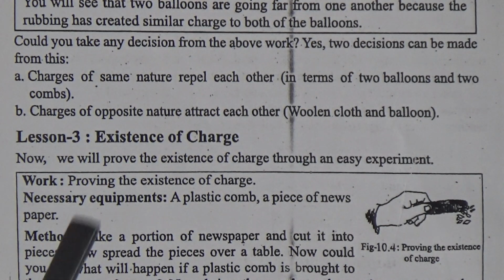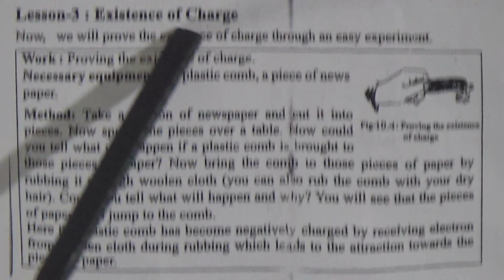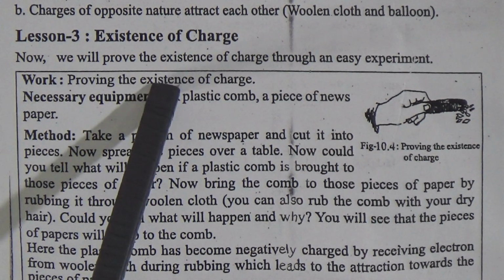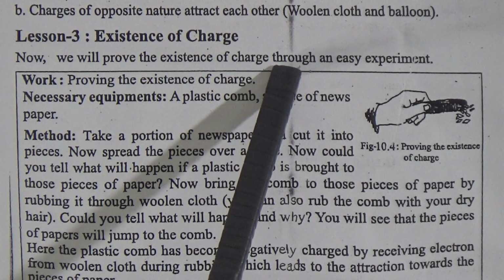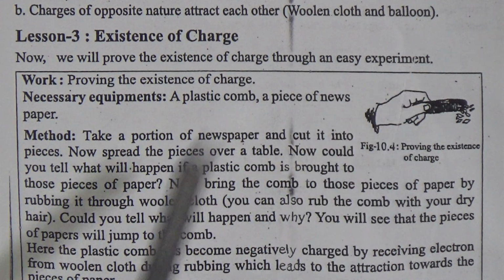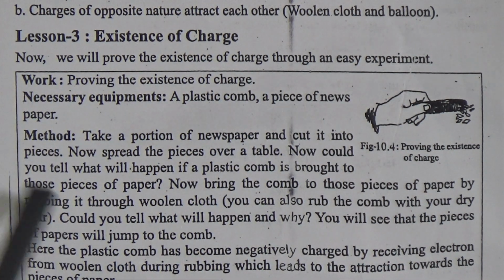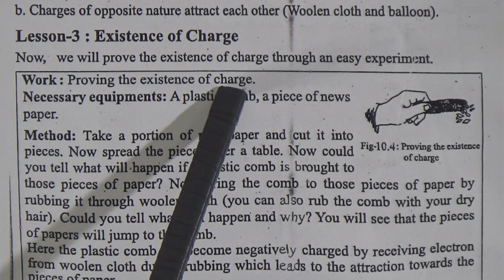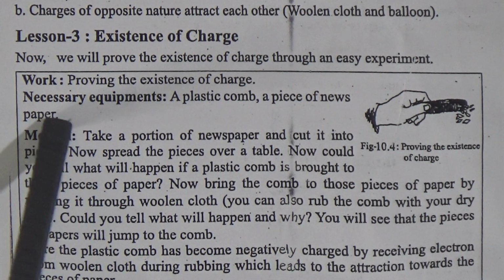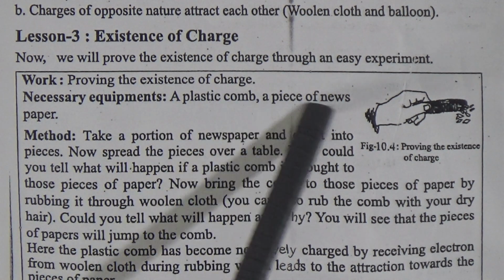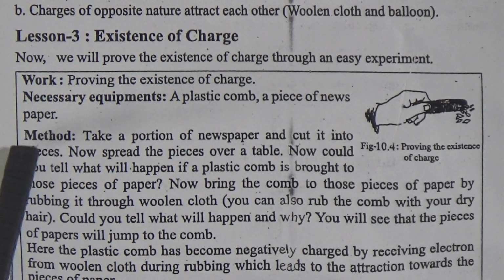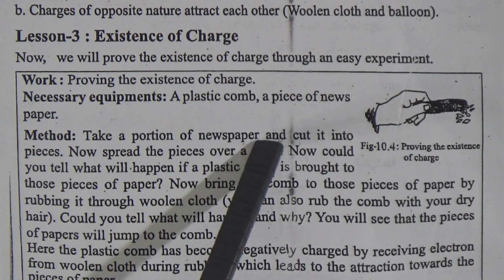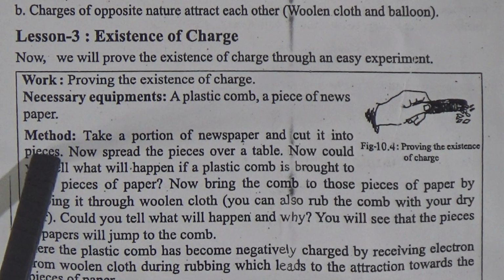Now lesson 3, existence of charge. Now we will prove the existence of charge through an easy experiment. Here is an experiment for proving the existence of charge. Necessary equipment is a plastic comb and a piece of newspaper, and method is: take a portion of newspaper and cut it into pieces.